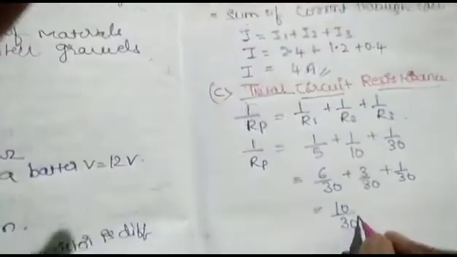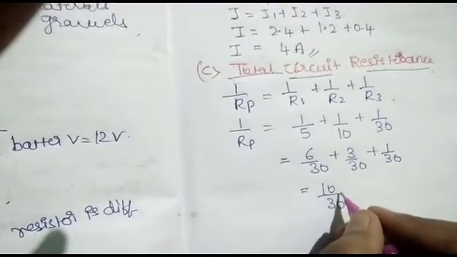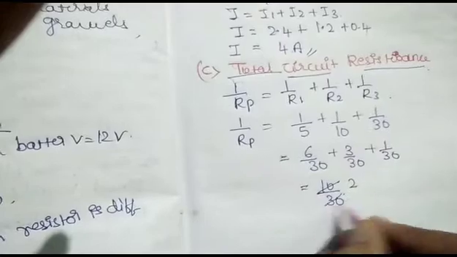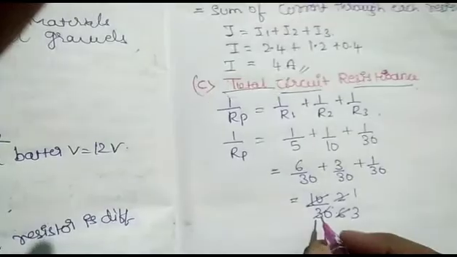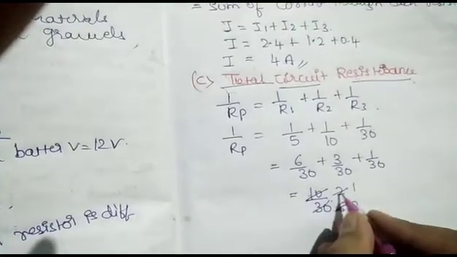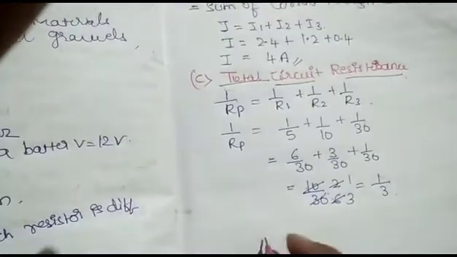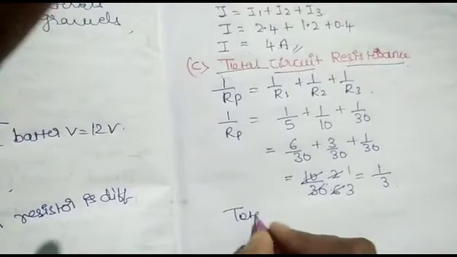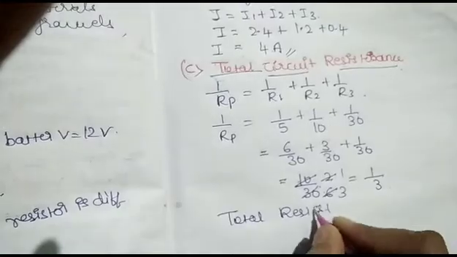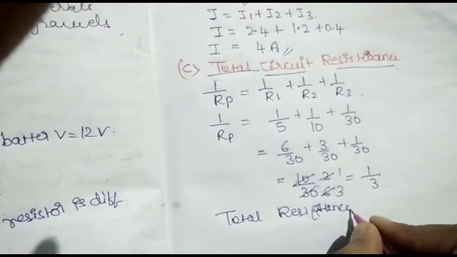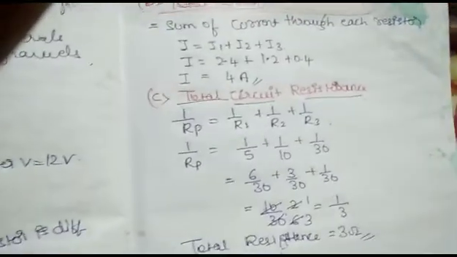In the 10 table it gets cancelled: 10 ones are 10, 10 threes are 30, so it is equal to 1 by 3. So the total resistance in the circuit diagram is 3 ohm. So we finish our 12.8 problem.